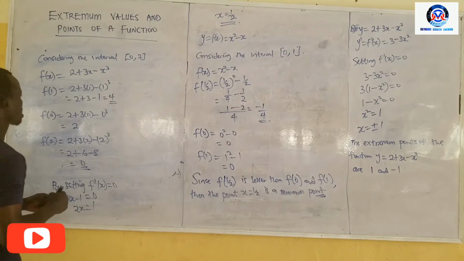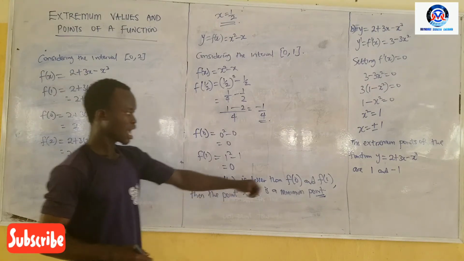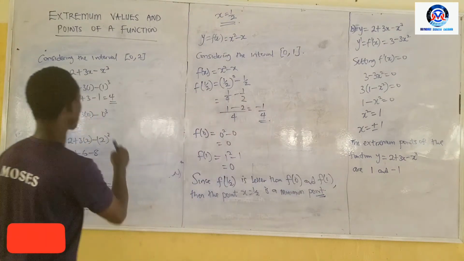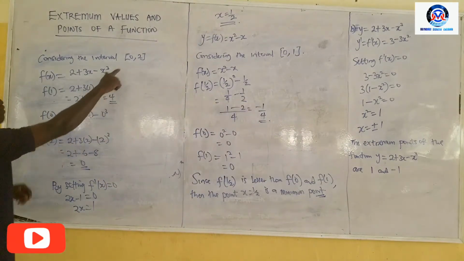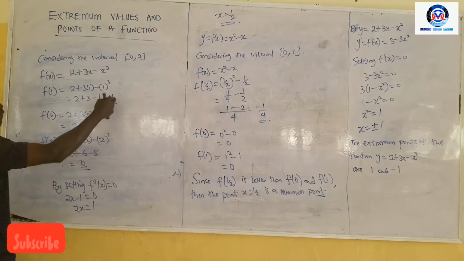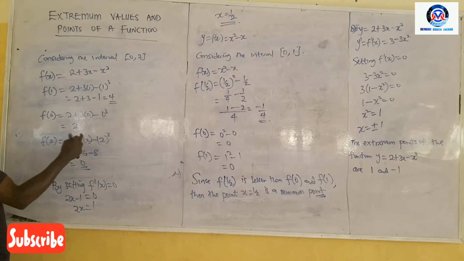So now, we can see that the evaluation of the function at the extremum point, which is x equals 1, is greater than the evaluation of the function at 0 and 2. So 4 is greater than 0 and 4 is greater than 2.